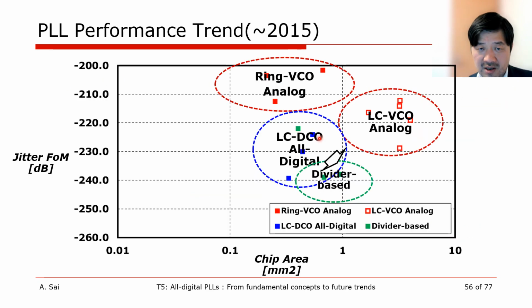So I'd like to explain the performance trend up to 2015. The graph is shown here, and the jitter FOM of this period was improved by introduction of frequency divider and high performance time stored TDC.